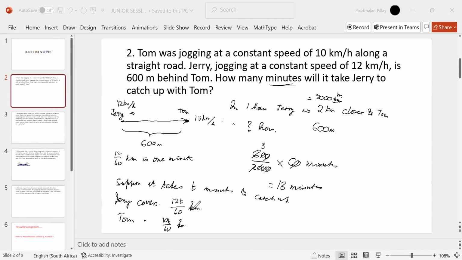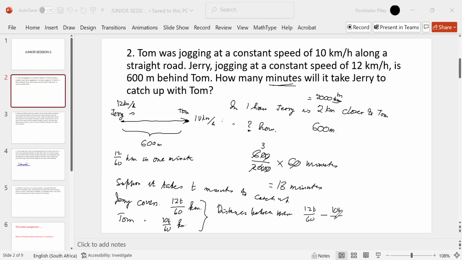Right? But then the distance between them, one does 12T over 60. The other is 10T over 60.